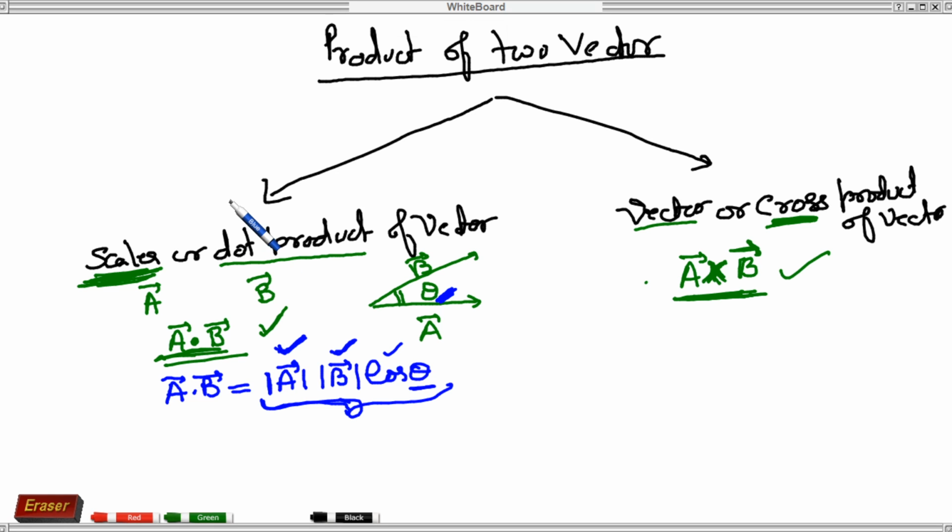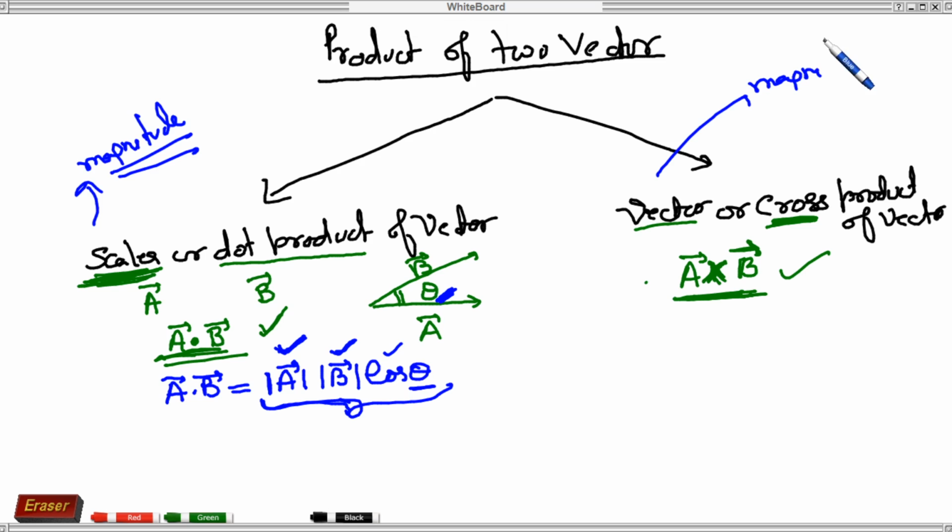What is scalar quantity? Scalars are those which have only magnitude. There is no direction related thing here. Vector has both magnitude and direction. So the output of this A dot B is a scalar quantity because it's only magnitude.